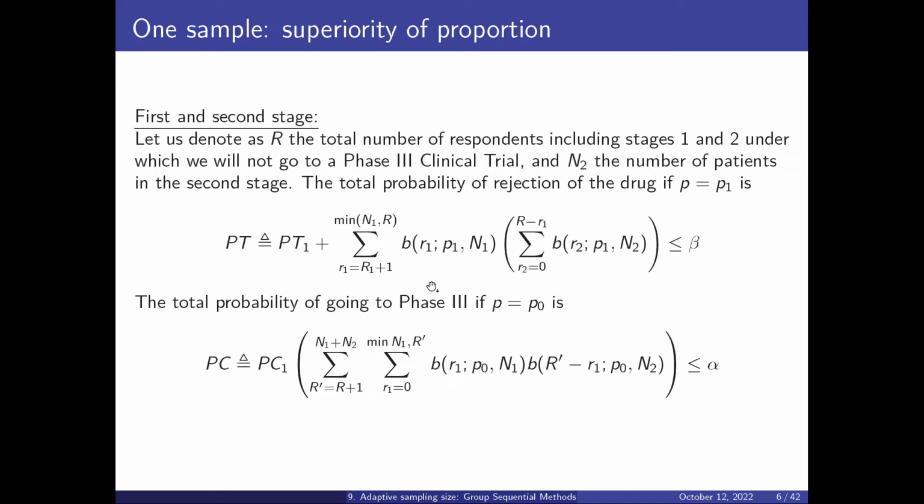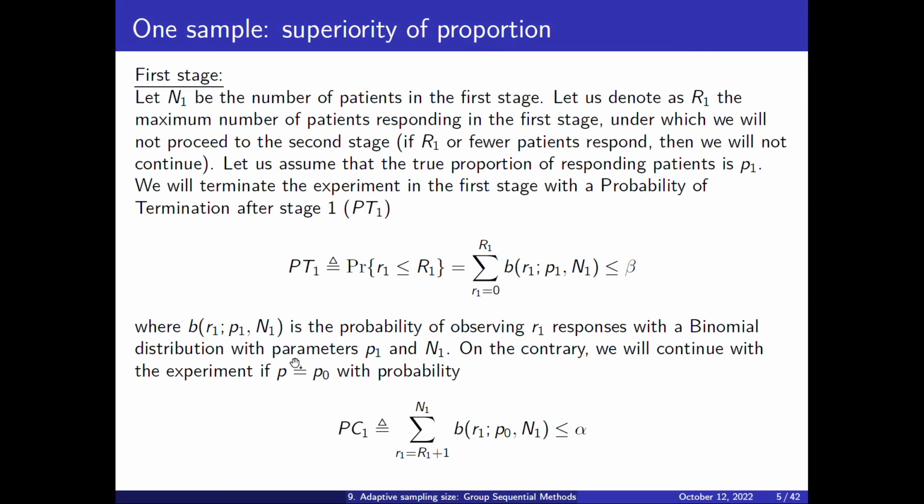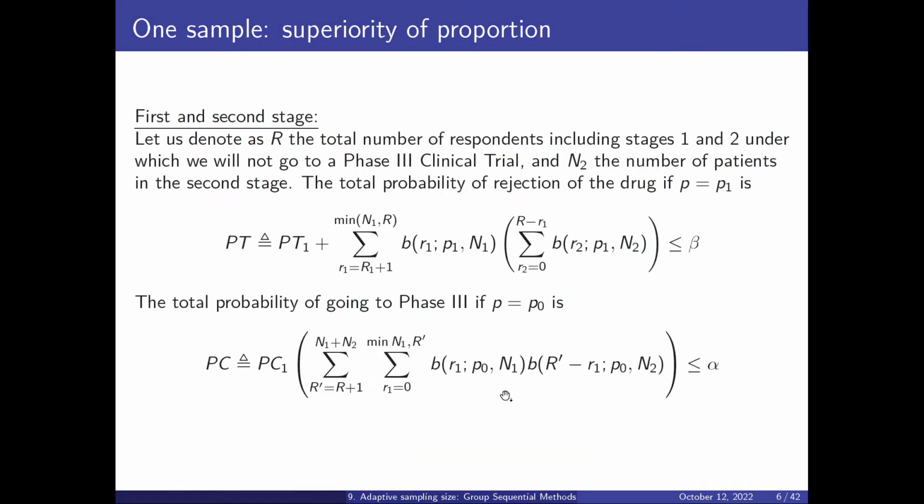And on the contrary, if the null hypothesis is true, so P, the proportion of respondents, is P0, then the probability of making a type 1 mistake, having a false positive, is the probability of continuation in stage 1, that is this one that we have calculated here, and then times this thing, and this has to be smaller than alpha.